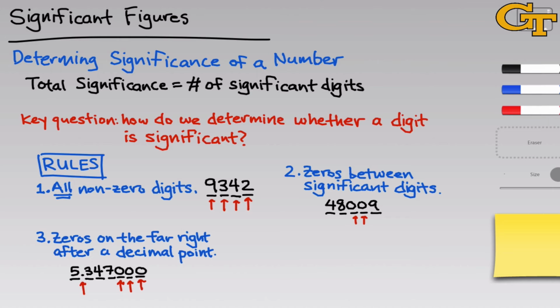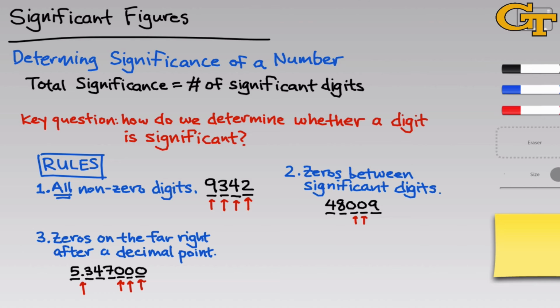And the answer is not exactly. What you're assuming is that if we lost those zeros, we would be able to assume that after the 7, there is an infinite number of zeros that follows the 7. But when it comes to scientific measurements, having no numbers after the 7 means we don't really know what the digits after the 7 are.